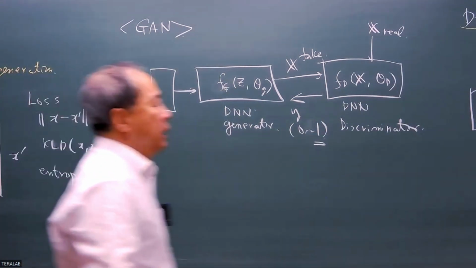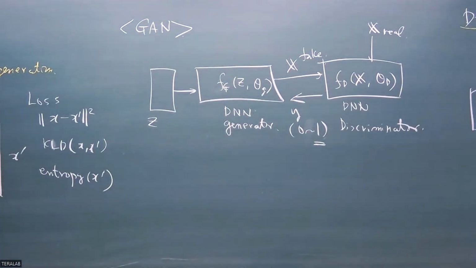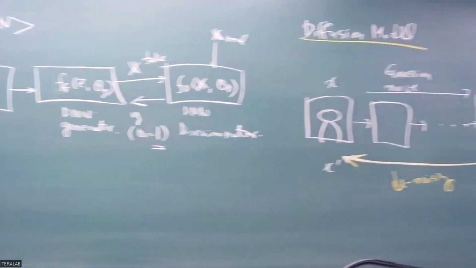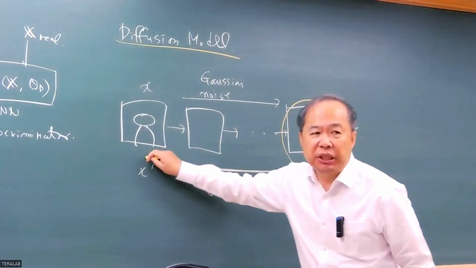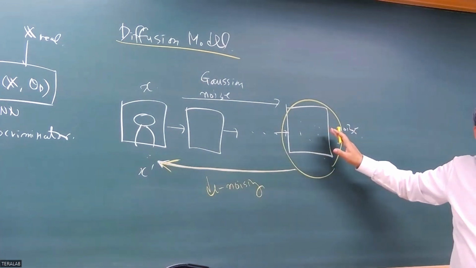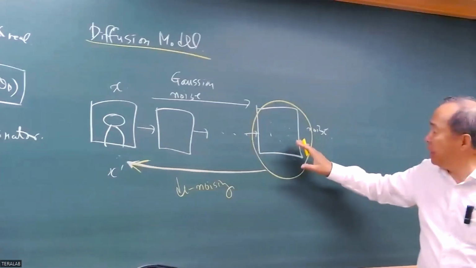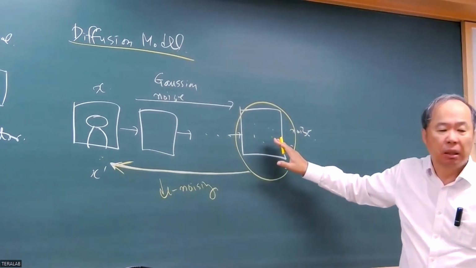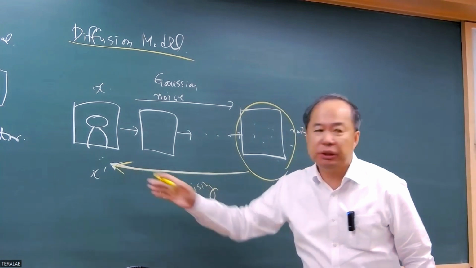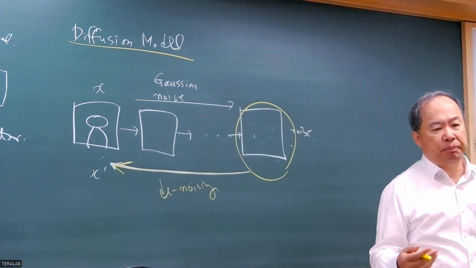Of course, in the diffusion model, after the training, we can use this backward direction, that is the denoising process. From the noise, we can generate images. By having many different manipulations and mathematical calculations, we can generate new noises, and with this deep neural network of the denoising process, we can generate new images.